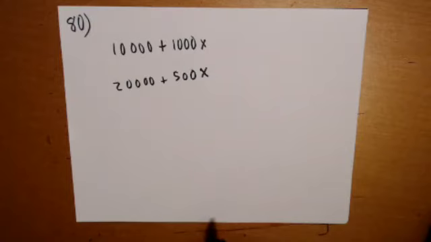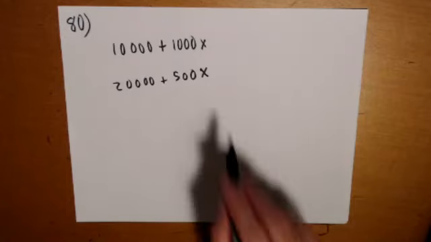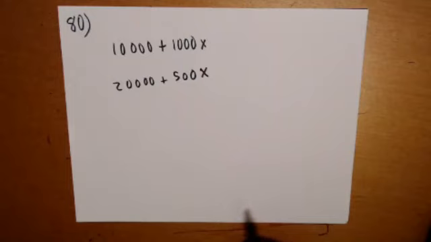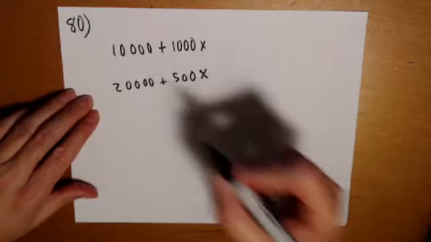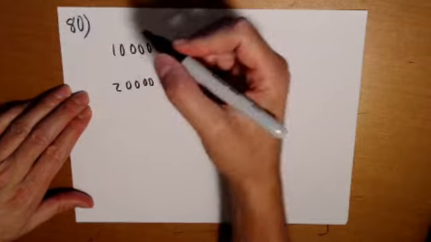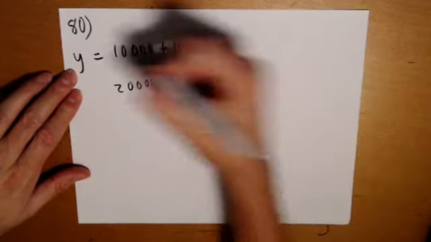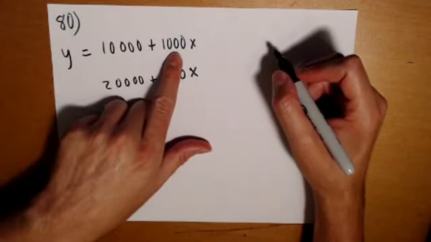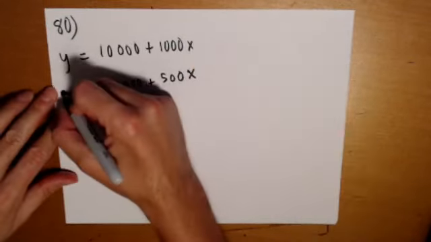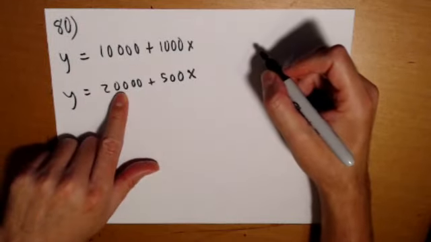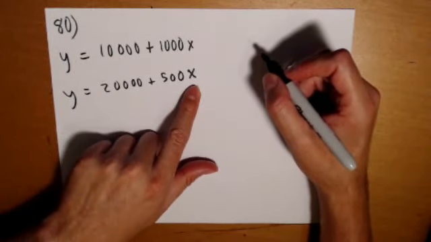Oh, okay. So I see what they did. Basically, we can just set these equal to each other, because what they're saying is your income, any variable would have worked, let's just say y. The amount of money you make that year, y, is equal to either $10,000 plus $1,000 for every car sold, or your income y is equal to the $20,000 base plus $500 for every car sold.